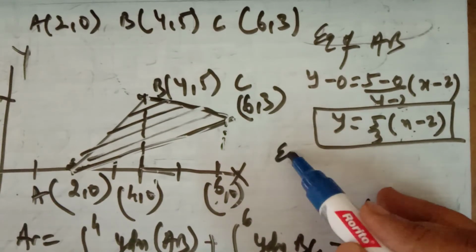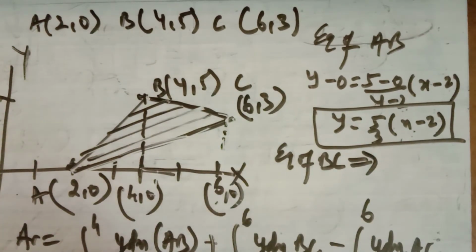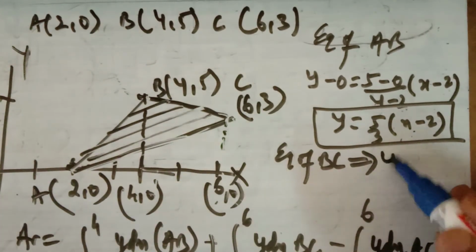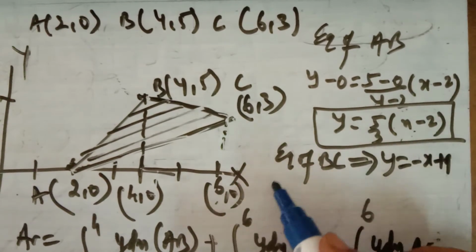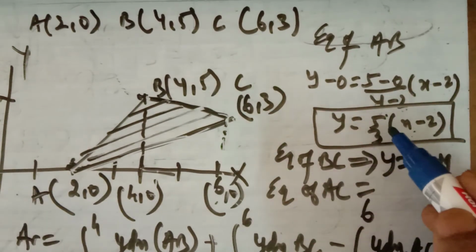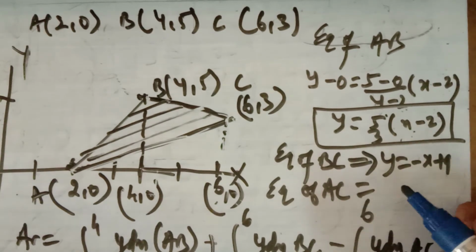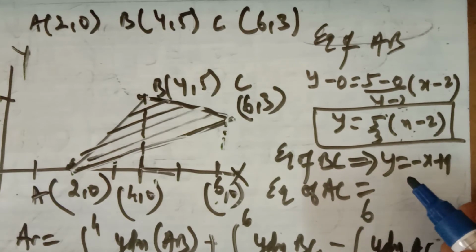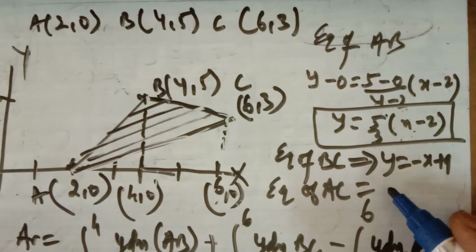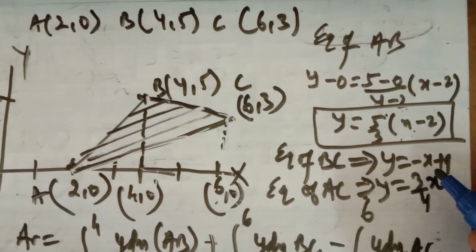Similarly, the equation of BC, when you do it, will be y is equal to minus x plus 9, and the equation of AC, you find it as usual, will come out to be y is equal to 3 upon 4 x minus 3 by 2. So these are the equations.